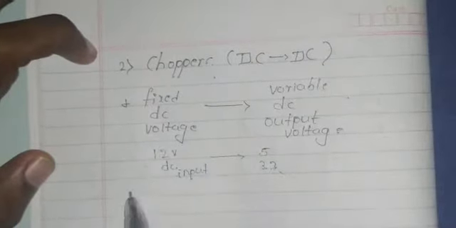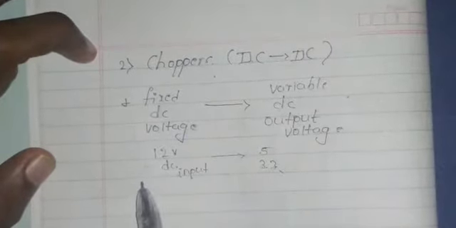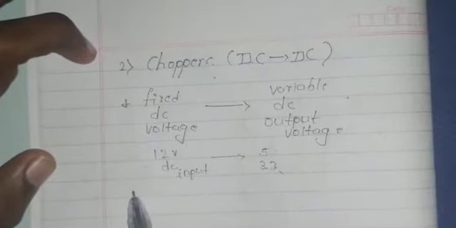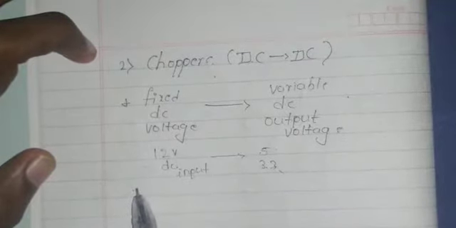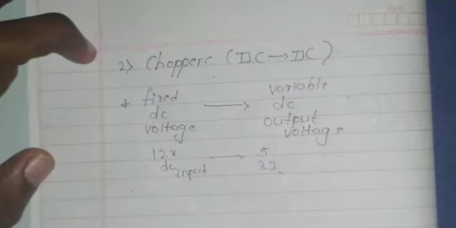The components used in these choppers include IGBT, GTO, and power MOSFETs. IGBT means insulated gate bipolar transistor. We will discuss more about that in later videos. GTO means gate turn off thyristor.